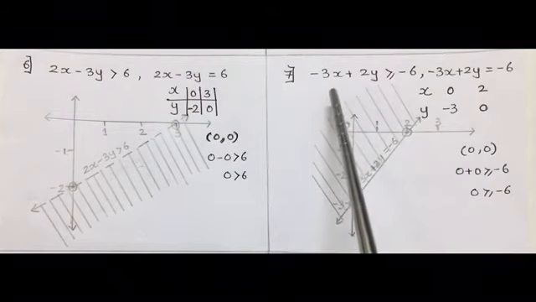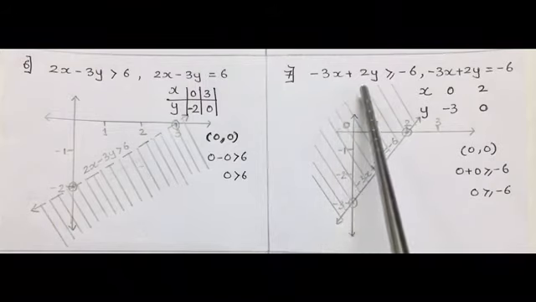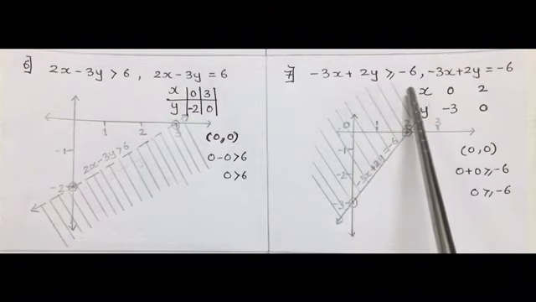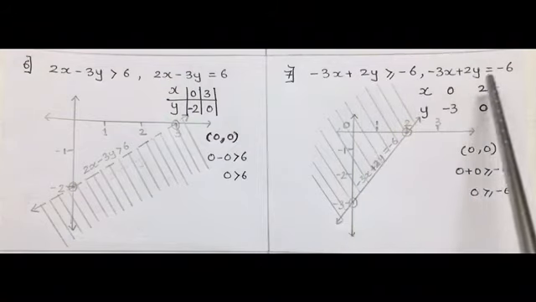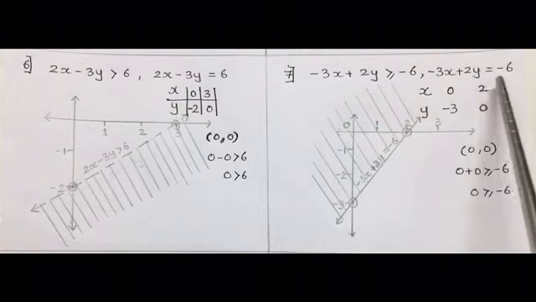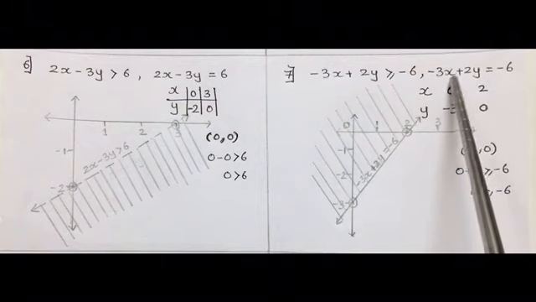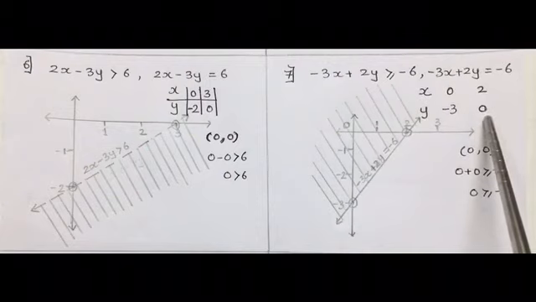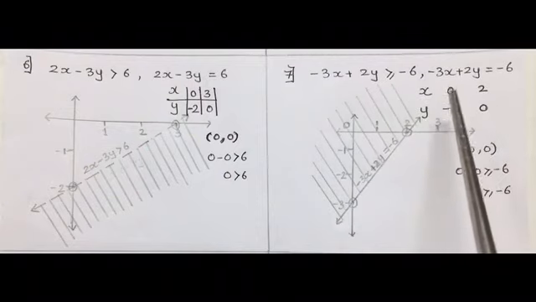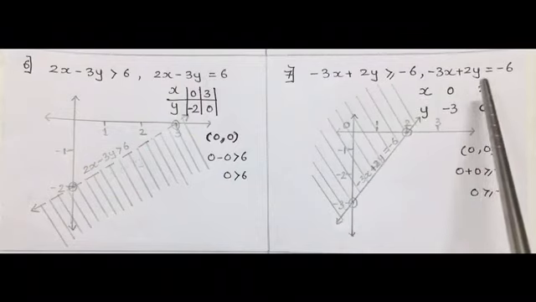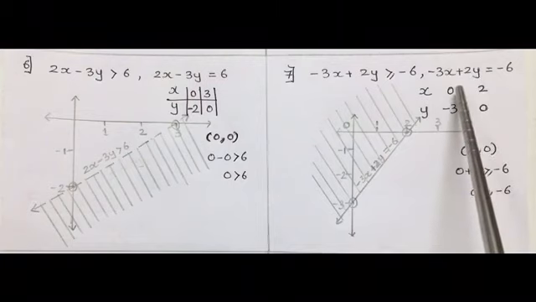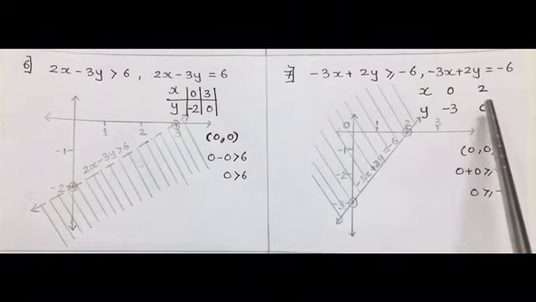Seventh one is minus 3x plus 2y greater than or equal to minus 6. Make it equal to minus 6. Taking one time x equal to 0, another time y equal to 0, and calculating it. If x is 0, y is minus 3.